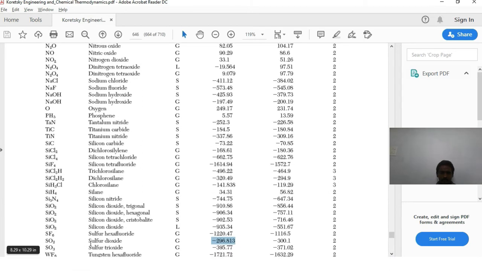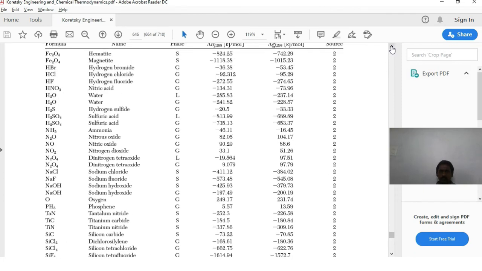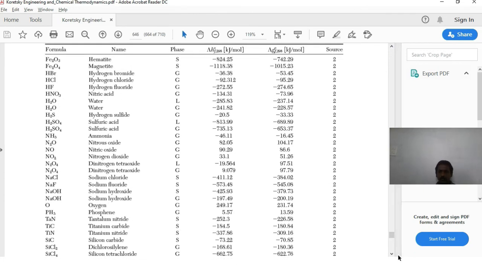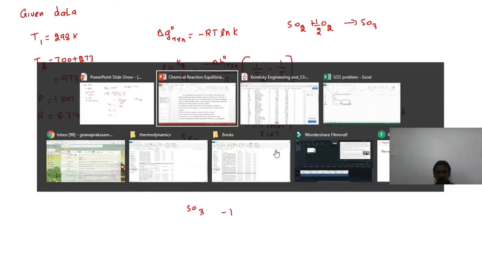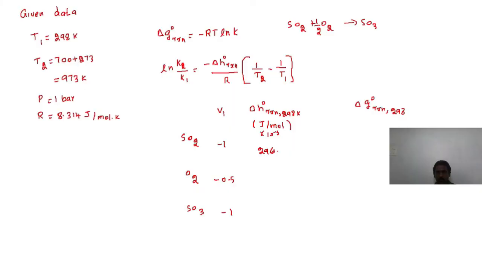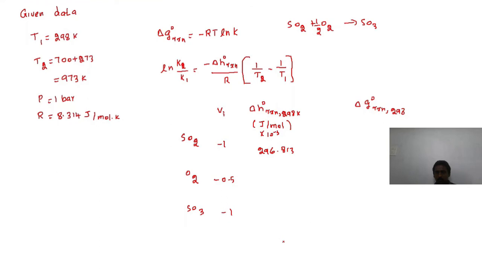SO2 in gas phase: minus 296.813, but in the table it is given in kilojoule per mole, whereas what we need is joule per mole, multiplied by 10 power 3. So minus 296.813, and delta G naught F minus 300.1.